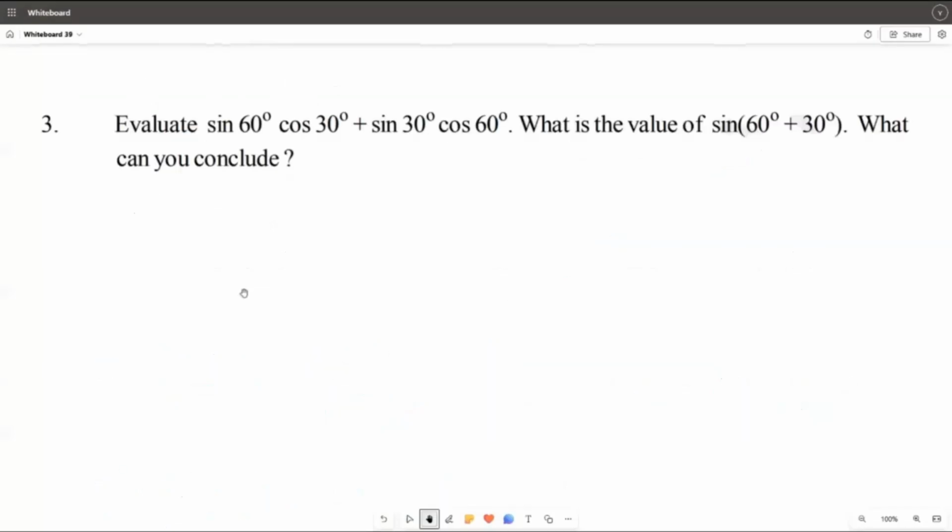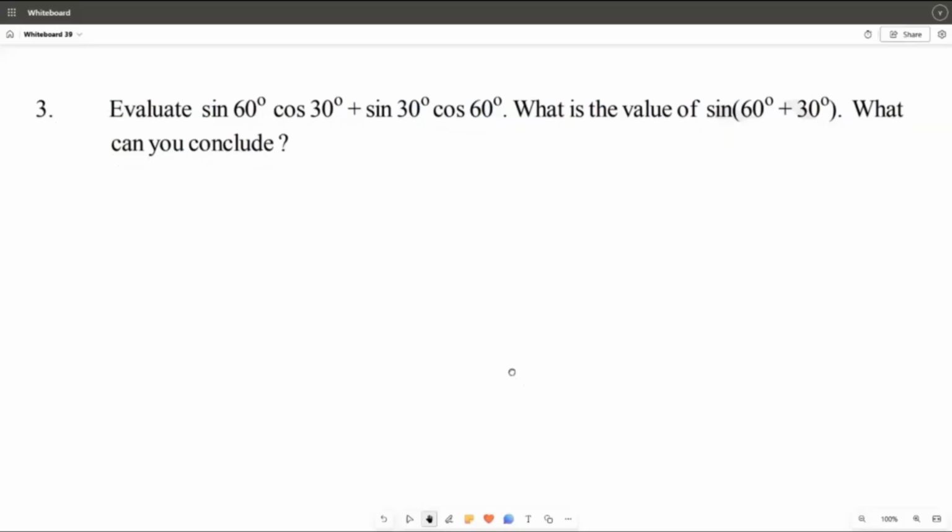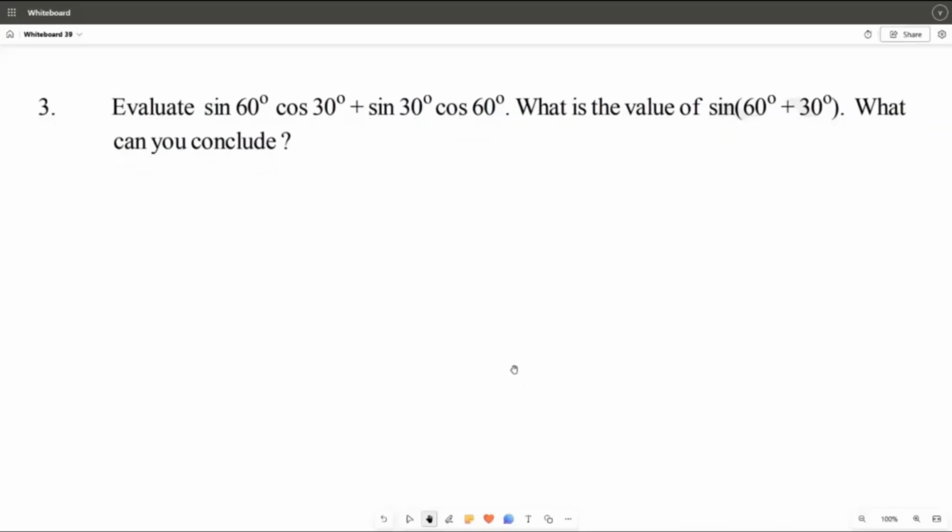Third question of exercise 11.2. So the question says we have to evaluate sin 60 into cos 30 plus sin 30 into cos 60, and we need to also find the value of sin (60 plus 30), and what can we conclude. So to solve this question, let's find the values of both of them.